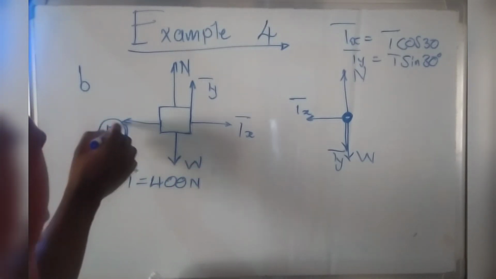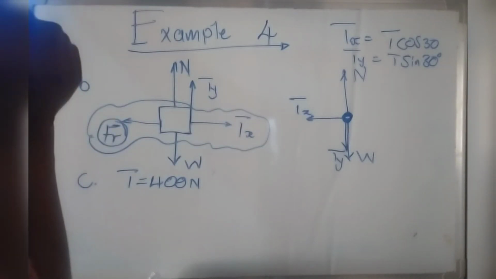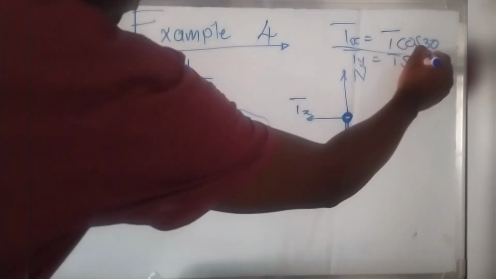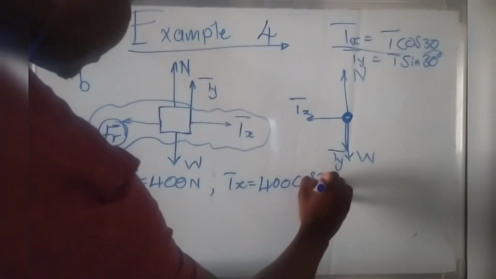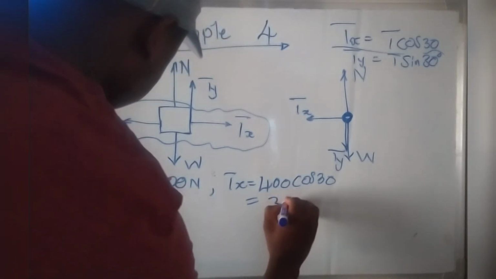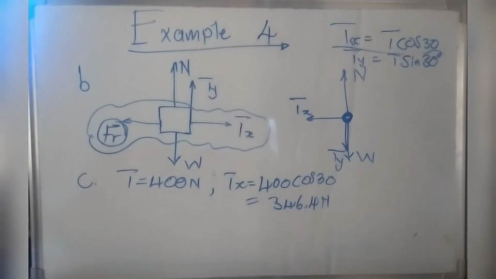For us to find the frictional force, we would have to deal with forces in the horizontal direction. Therefore, Tx is equal to 400 cos 30. How much is this? This is equal to 346.4 newtons.